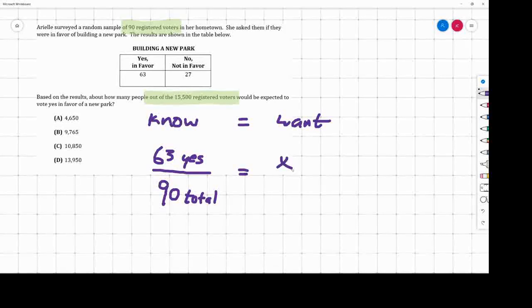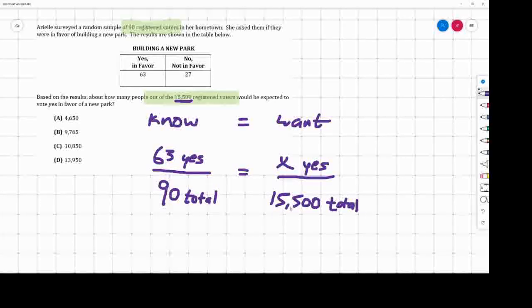We want to know how many are going to say yes. So x yes over the 15,500 registered voters. Right? So make sure your units are lined up. Yes over total equals yes over total.